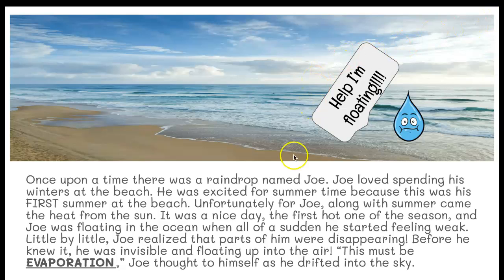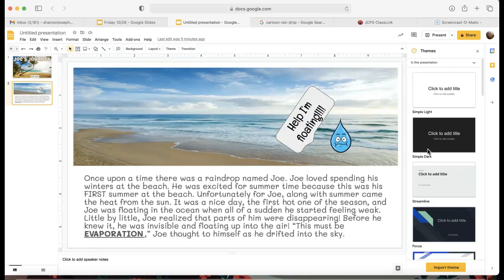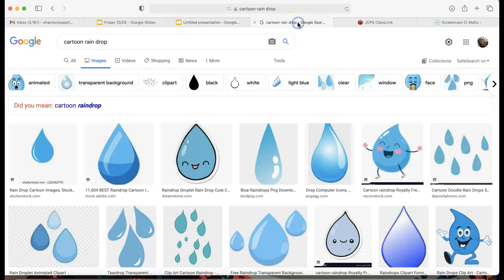Okay, so see here, I've set the stage. We got a little evaporation happening. I bolded, I underlined. Here's my picture. If you need help with pictures, the way I did my picture was I just Googled the beach, went to images and copied and pasted it in, since that's the setting of my story. He's at the beach, right? To get this cute little water cycle guy, all I did was go into Google and type cartoon raindrop.